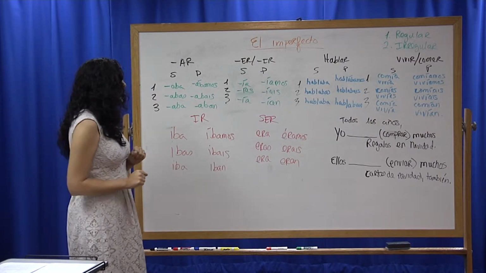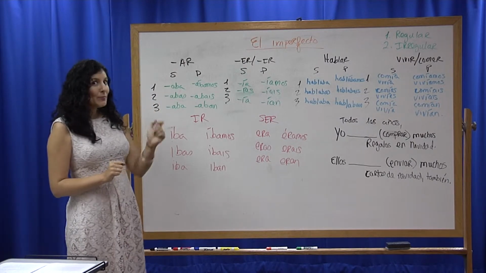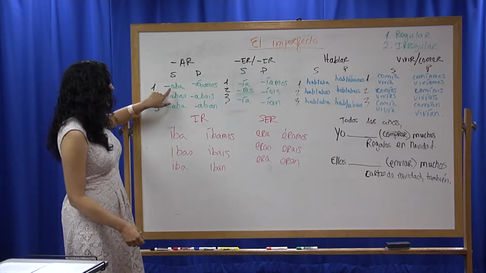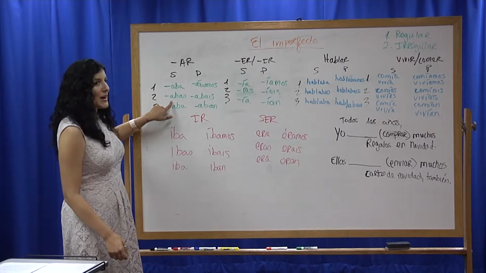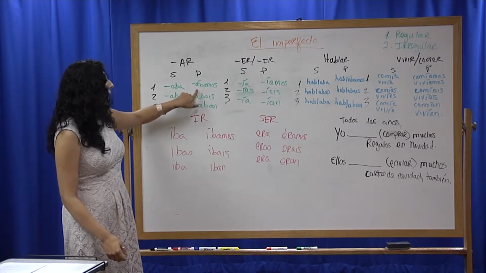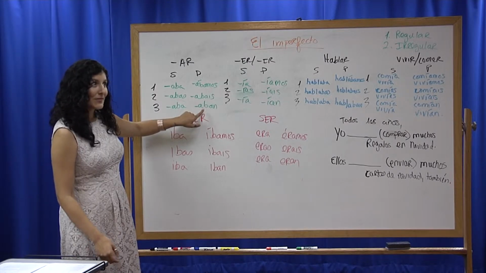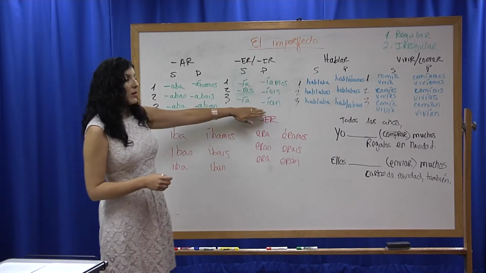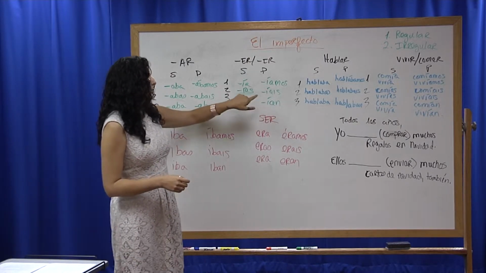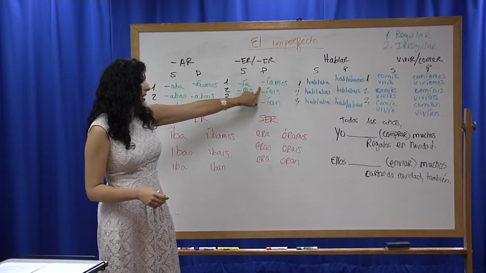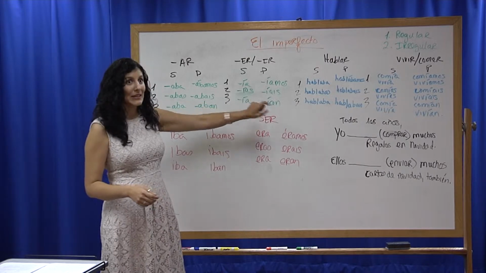The endings for AR imperfect regular verbs are going to be like this: aba, abas, aba, ábamos, abais, aban. And for ER and IR, we're also going to use the same ending. So it will be ía, ías, ía, íamos, íais, ían.